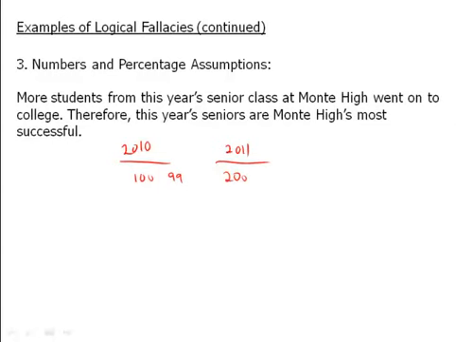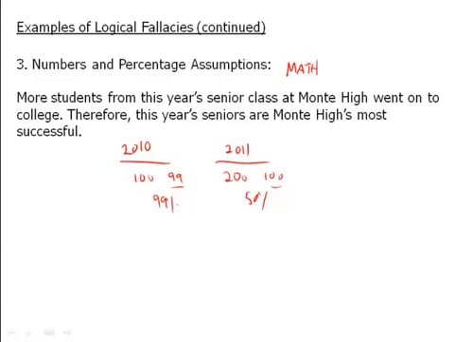And out of the 200, 100 went on to college, which is more than 99. But wait a second, is that necessarily better? Percentage-wise, 99% went on to attend college, and here only 50% did. So you have to be able to account for these number errors, and sometimes I call these math errors, or math assumptions. So think of it in math terms.